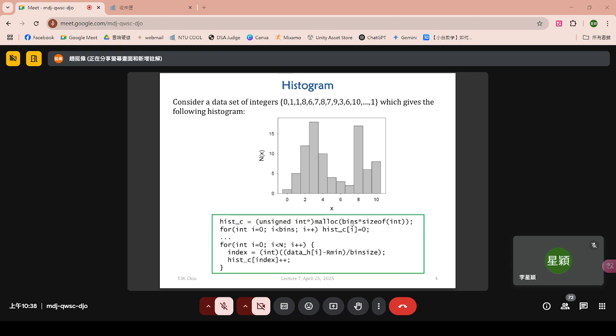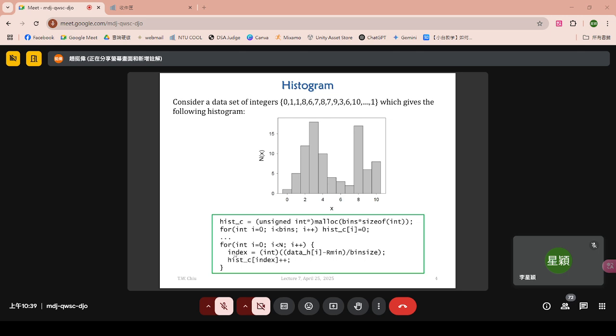Then bins, how many bins, times the size of integer, so that's how many bytes are allocated. And then go through all the data. Initially I set all the bins to 0, so all values in each bin are 0.